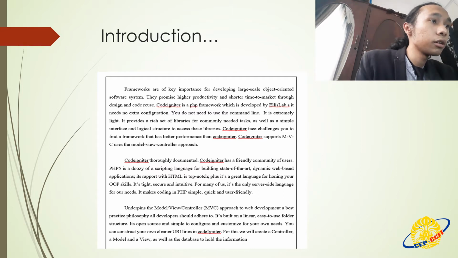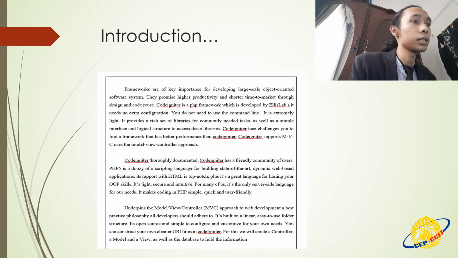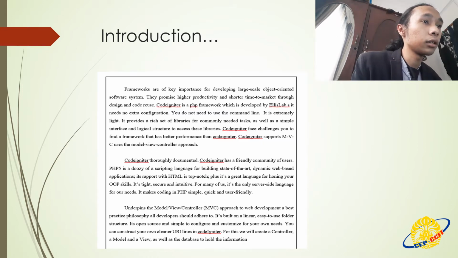PHP 5 is a scripting language for building state-of-the-art dynamic web-based applications. It works well with HTML, it's top-notch, and it's a great language for honing your OOP skills. It's intuitive for many of us. As the only server-side language for our needs, it makes coding in PHP simple, quick, and user-friendly.